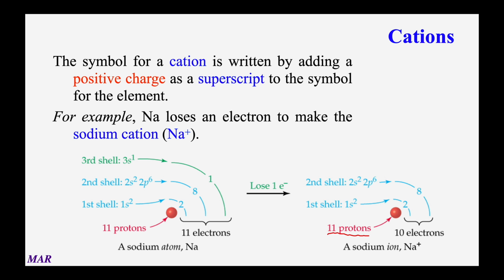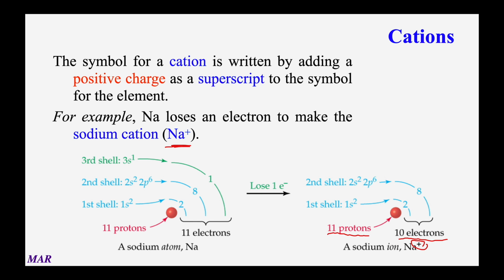However, with only 10 electrons, now you have 11 positive 1 protons and 10 negative 1 electrons. Sodium, as an ion, likes to be positive 1. It likes to have just one less electron. A little bit of stability right there. So sodium likes to form a +1 cation.